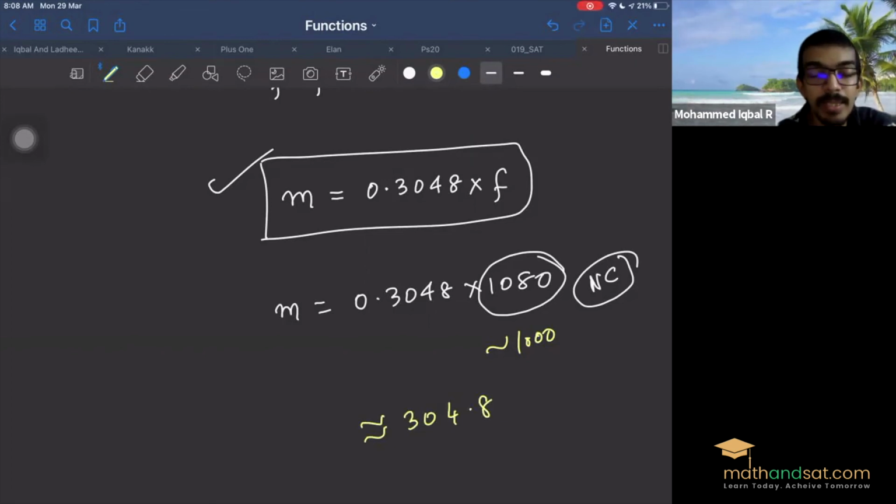Now, instead of 1080, we have taken 1000. So you have two ideas from this. One, the answer will be very close to 300. Two, the answer will be slightly above 300, because instead of 1080, we have taken 1000. Does this make sense?